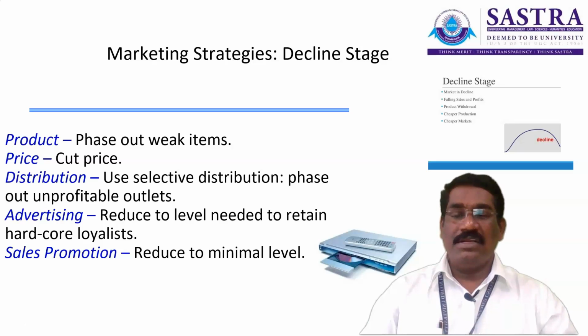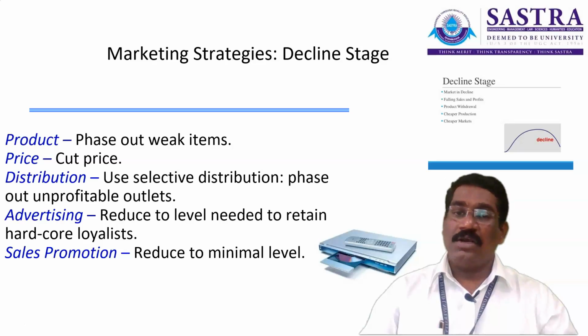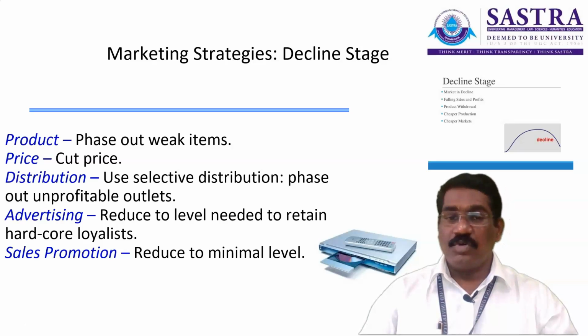In distribution, you need to pursue selective distributors. Rather than going for intensive distribution, you need to go for selective distribution, and a marketer has to phase out unprofitable outlets.